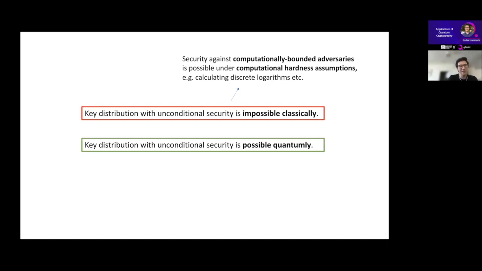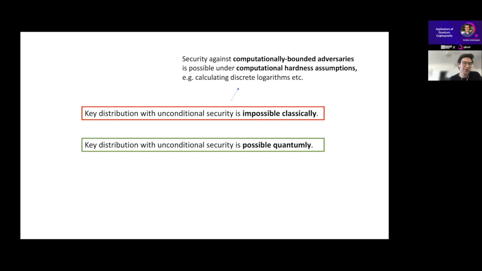So let's say we're satisfied with such a security, then we do have classical protocols for key distribution whose security is based on the assumed hardness of certain computational problems, like for example, calculating a discrete logarithm, or other problems like factoring, for example. So key distribution is possible classically, just not with unconditional security.